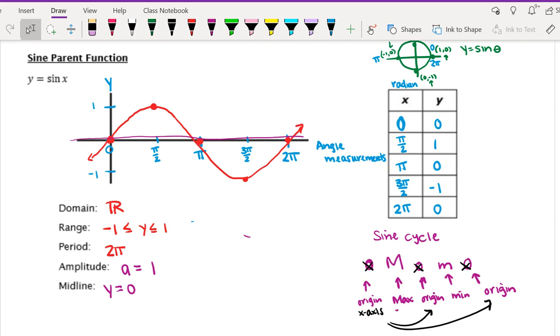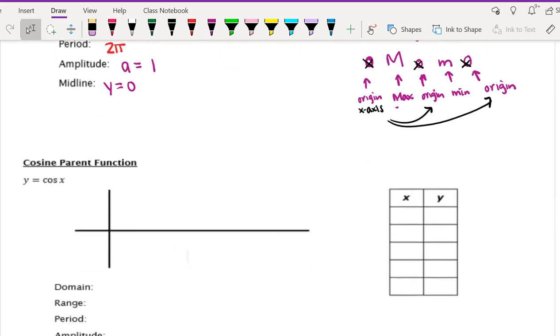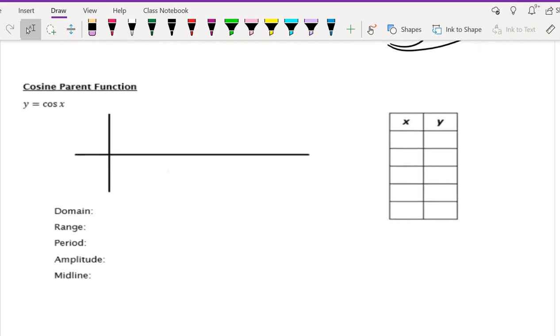So then the cosine function is going to be very similar, except cosine has to do with the x-coordinate. So I'm going to go back to my unit circle, go 1 unit in every direction. Remember, the cosine of theta is equal to the x-coordinate. So if this is 0, then I have the ordered pair 1, 0.